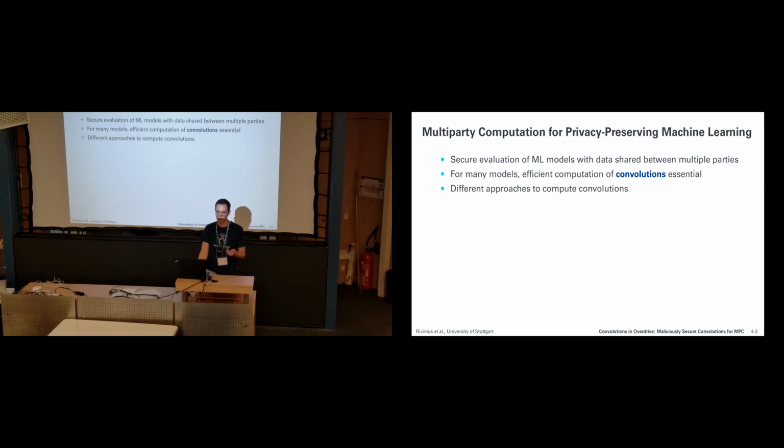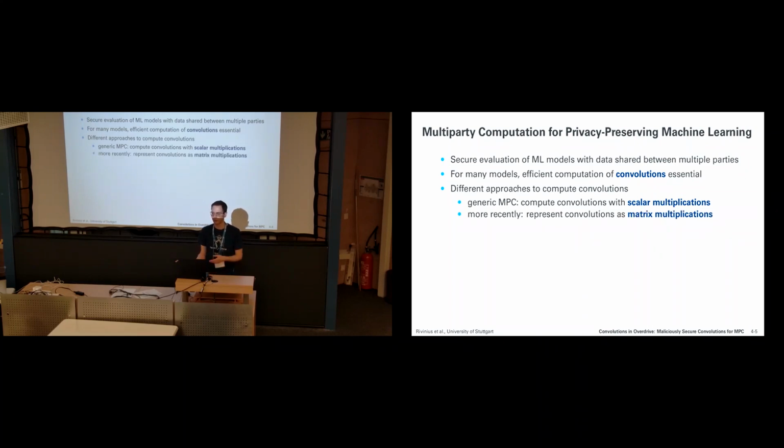In MPC, there are different approaches to computing convolutions. Generic MPC solutions would say a convolution is a lot of scalar multiplications and additions. Recently, there has been a lot of work on efficient matrix multiplication, and there are ways to represent a convolution as a matrix multiplication. And some recent works directly did convolutions.